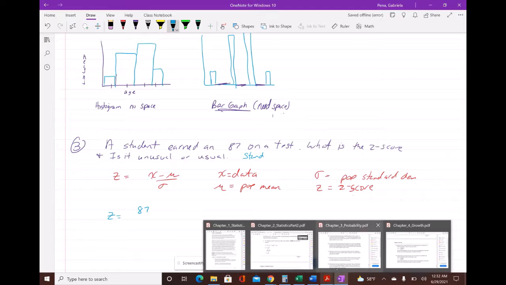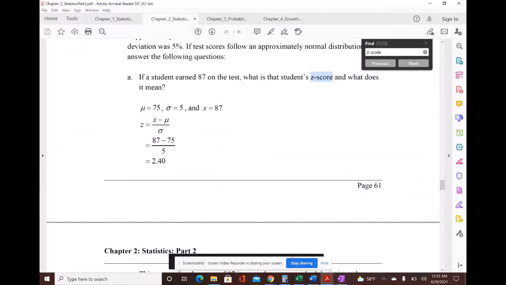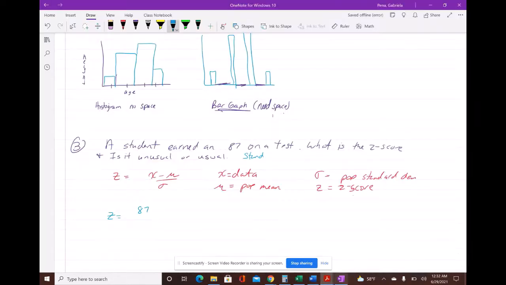Standard deviation is 5, and the mean is 75. The problems I'm working out are from your notes. If you guys are actually reading your book the way you're supposed to, you should have seen this.